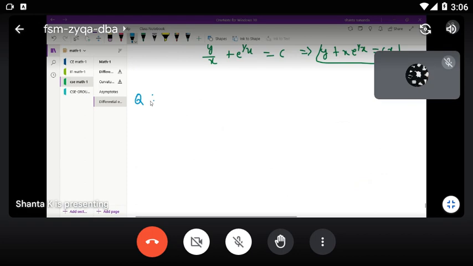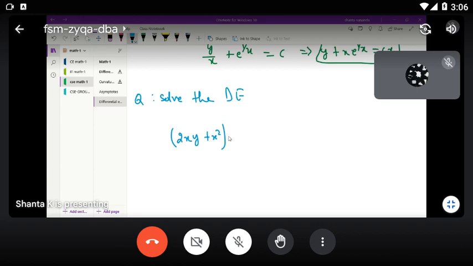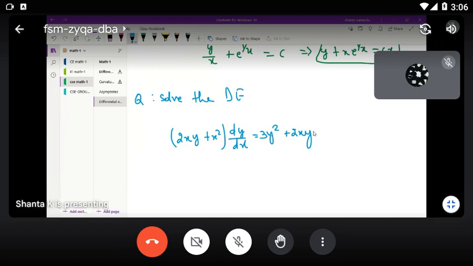Okay, so now next question. Solve the differential equation. What can you think?